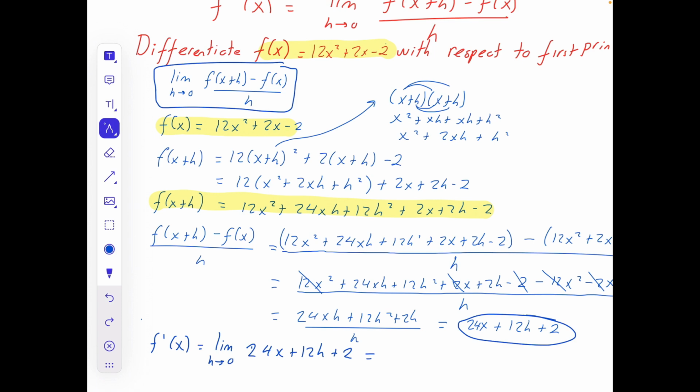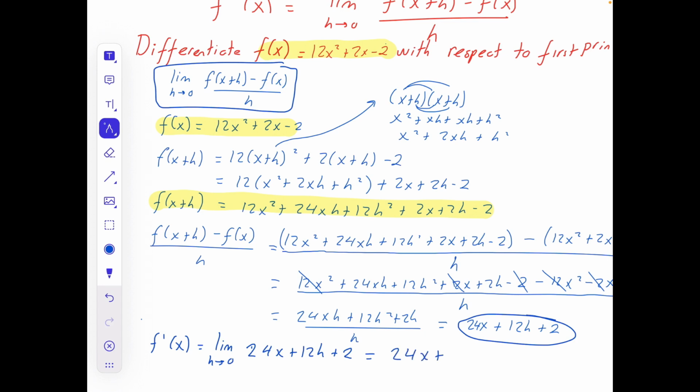But h being 0.1 is going to make this 12h really, really small. Now, what if h was even closer to 0? So if h was 0.00001, this 12h would be really, really small as well. So basically, as h approaches 0, that 12h is going to get so small that we can just ignore it.